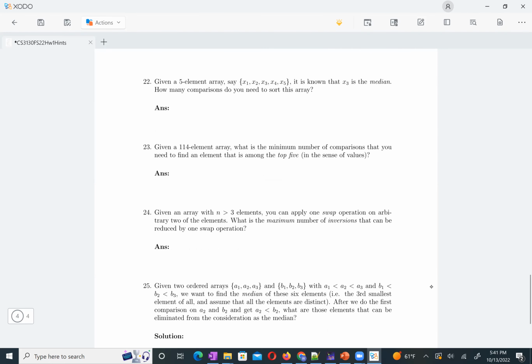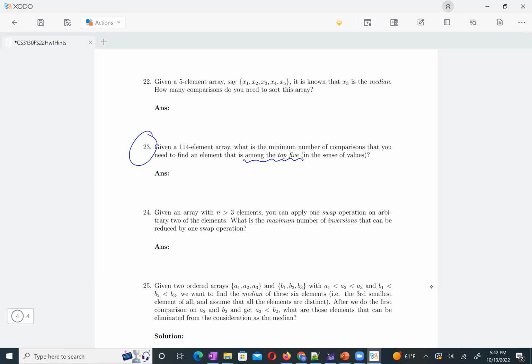Look at this question. Question number 23. Given a 114 element array, what is the minimum number of comparisons that you need to find an element that is among the top 5 in the sense of values?